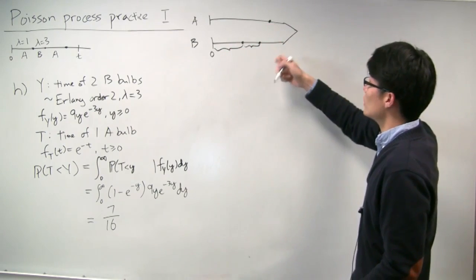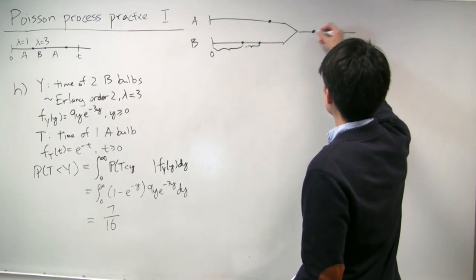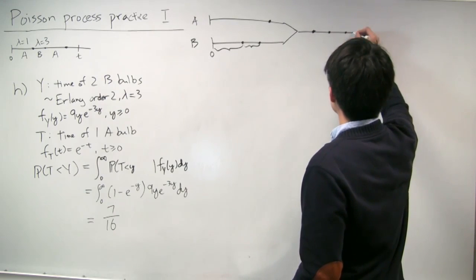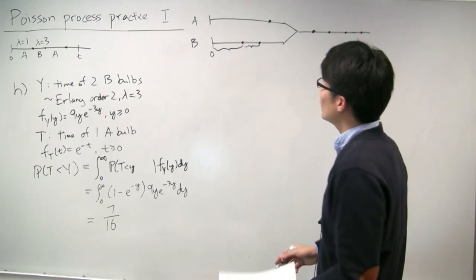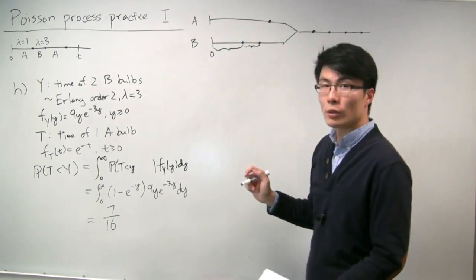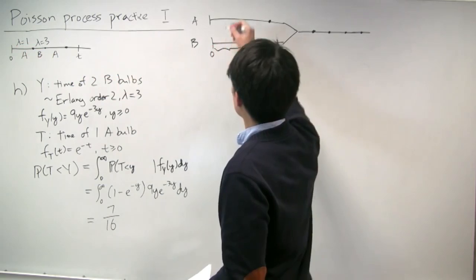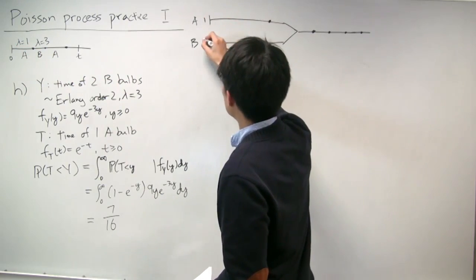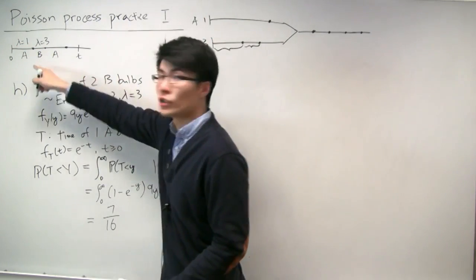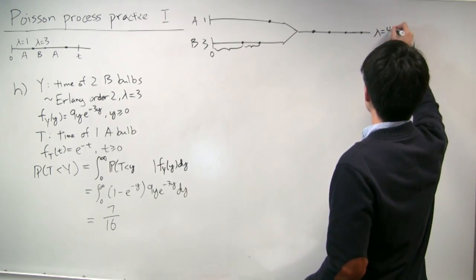We can merge them, and so let's say we have some arrivals in the merged process. Now, in the type A process, what is the arrival rate? The arrival rate is lambda A, which is 1. And for B, it's lambda B, which is 3. And so in the combined process, we get a lambda of 4.